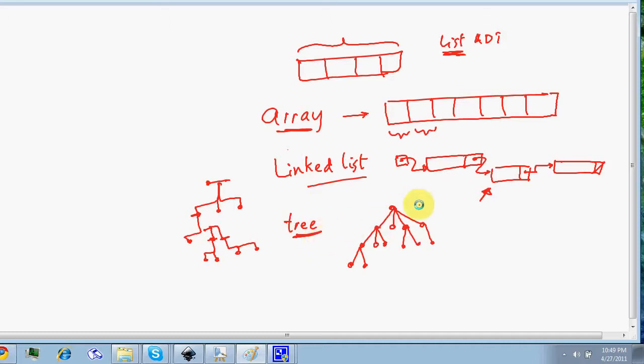One of the properties of tree data structure is that every node has one and only one parent. So this is the parent of these four nodes, okay, and this is the parent of these three nodes, and so on, except for the root node, which does not have any parent, and that's the start of the tree, the root of the tree. Okay, it doesn't look like tree unless you turn it around.